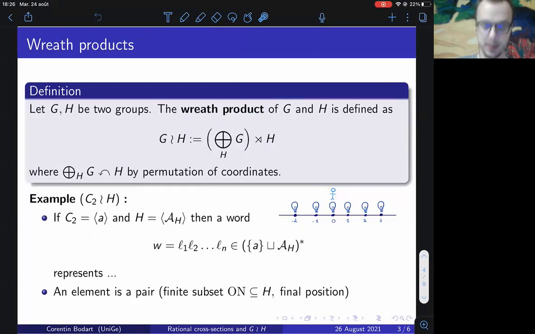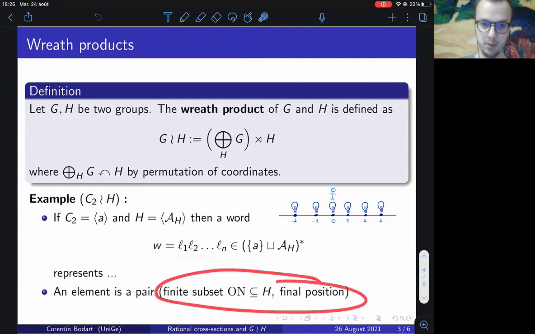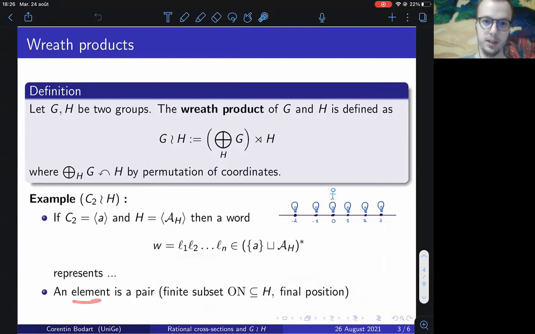At the end of this process, at the end of the word, you have some finite set of lamps which are on, and you also have the position of the lamplighter guy at the end of the word. Such information is what you need to characterize an element.